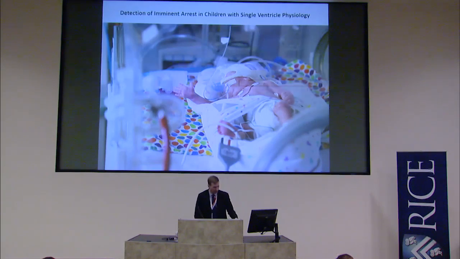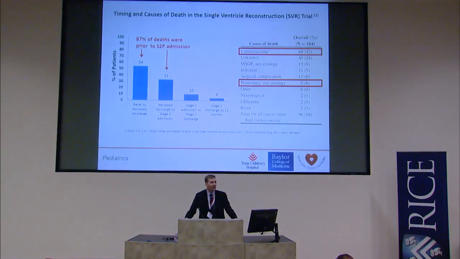So it turns out that the vast majority of deaths in these children occur between their first and second stage surgery. So between 5 days of life and maybe 6 to 9 months of life. And at this time, these children have what's called a parallel circulation.